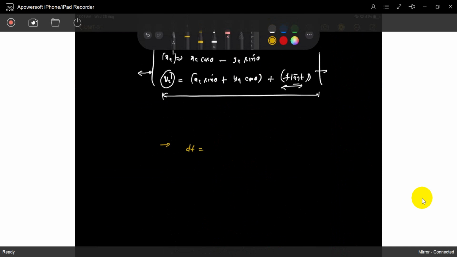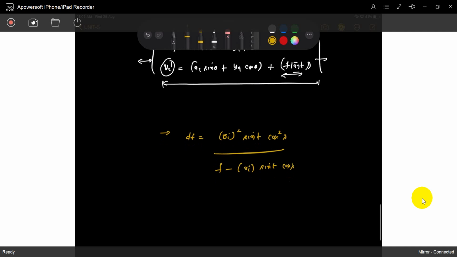Dt will come to Ri squared sin t cos squared lambda over focal length minus Ri sin t cos phi. So what is Ri? Ri is the radial distance of the image point from the isocenter.